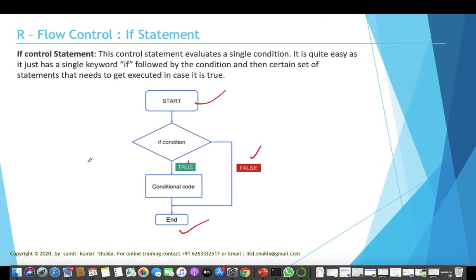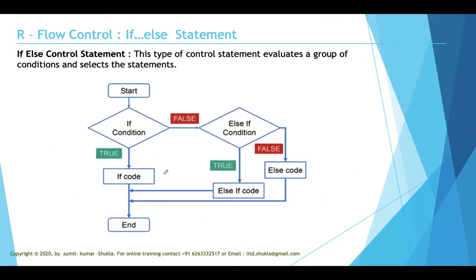Let me show you this slide. The if-else flow starts with your program, and you come to the if condition. If your condition is true, you execute that code and end your program. If your condition is false, you don't go directly to the end of the program.